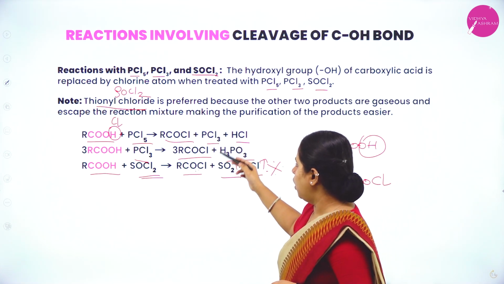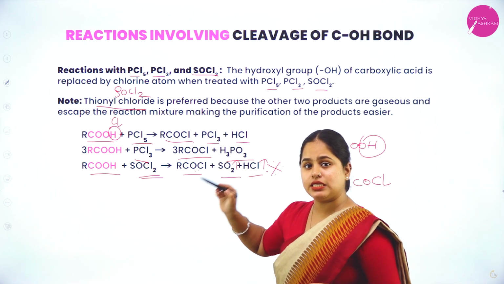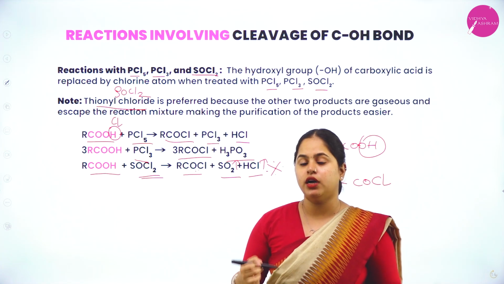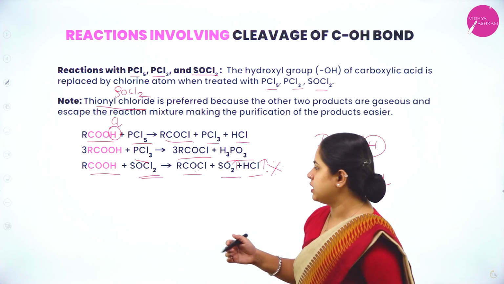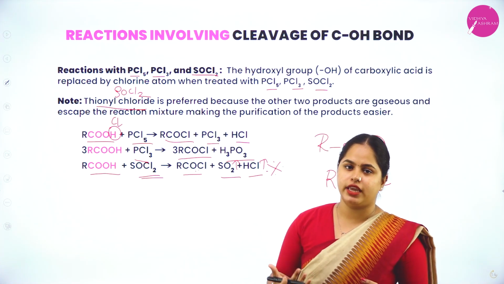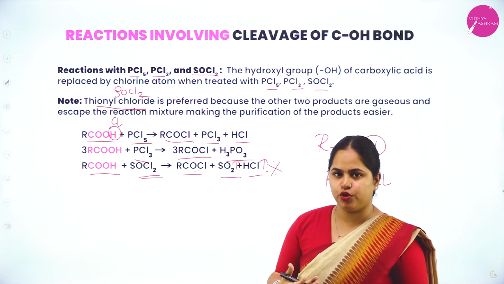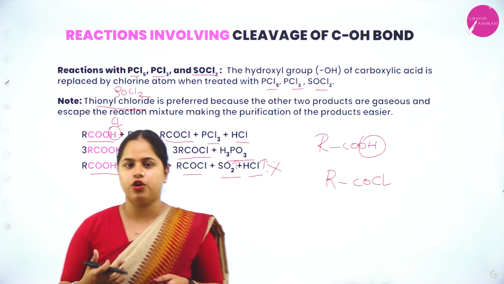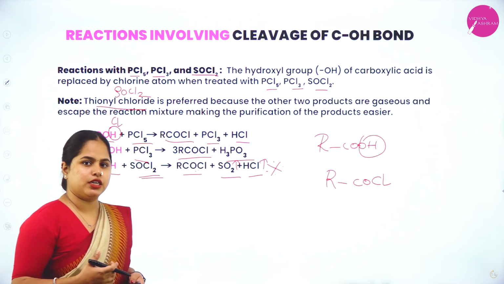Compared to the other two reactions, it is the reaction with thionyl chloride which is preferred, because the byproducts SO2 and HCl are both gases. This is very, very important to remember from your examination point of view as well. So the thionyl chloride reaction is preferred.